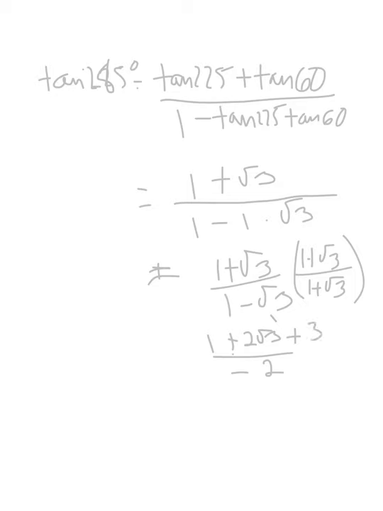And so what does that work out to be? That's 4 plus 2 root 3 over negative 2, or negative 2 plus root 3. Once again, there are going to be different forms of the answer, whatever floats your boat, a matter of taste. Anyway, there you go.